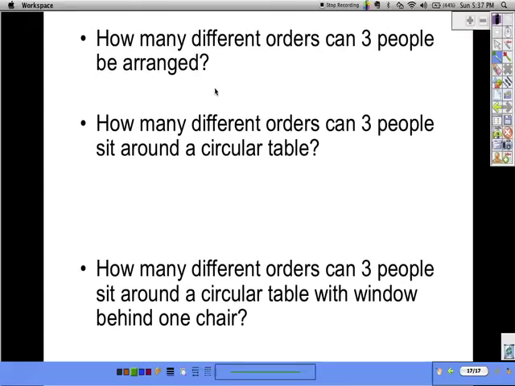How many orders can 3 people be arranged? Well, 3 factorial. 3 times 2 times 1. Around a circular table, it's actually only going to be 2 factorial.